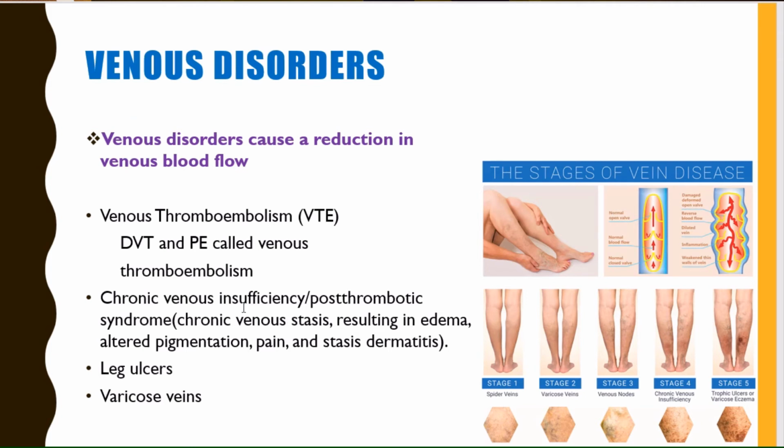Post-thrombotic syndrome has chronic venous stasis, so the blood is staying in the lower extremity. That will lead to edema and altered pigmentation. There may be leakage of blood, and the skin will turn a brownish color. The patient will have pain. The skin will have dermatitis.